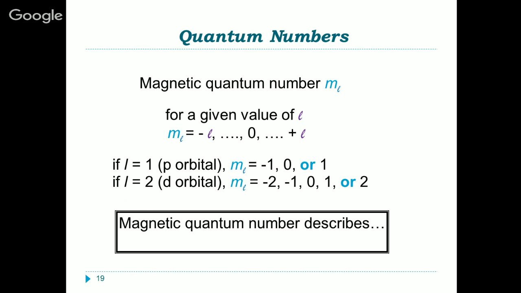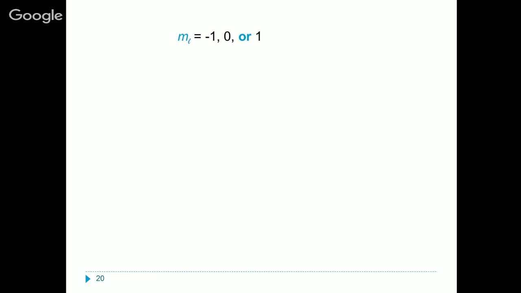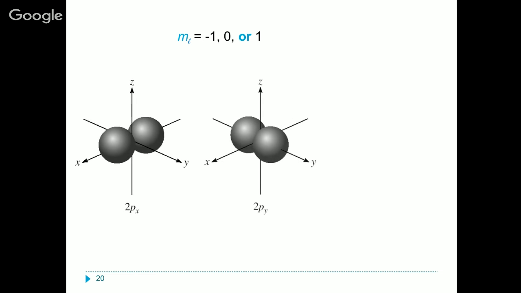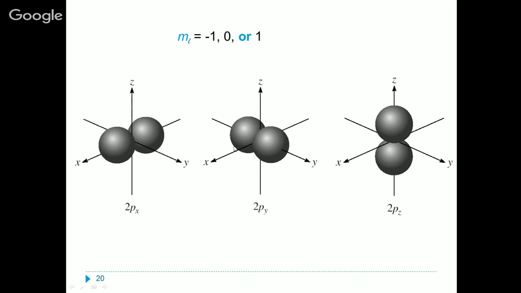So spatial orientation. We can go back and look at what's going on here with the px, py, pz designation. Here I have allowable m sub L values for my p orbitals of negative 1, 0, or 1, which means that I'm allowed to have it along the x-axis, along the y-axis, or along the z-axis.